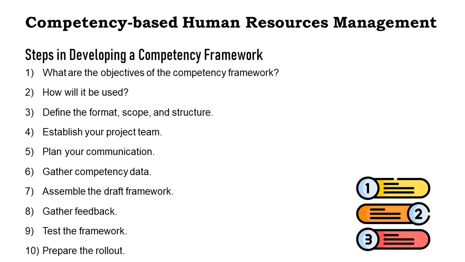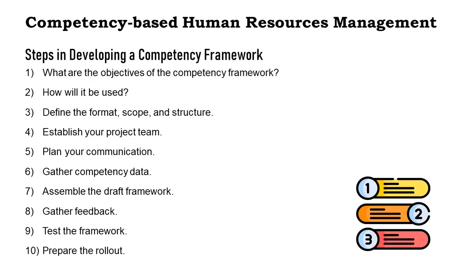What are the steps in developing a competency framework? So, as I said earlier, we start with the objectives. What do we really need to achieve? Do we need to be strategic? That could be an objective. How will it be used? We should define the format, scope, and structure.